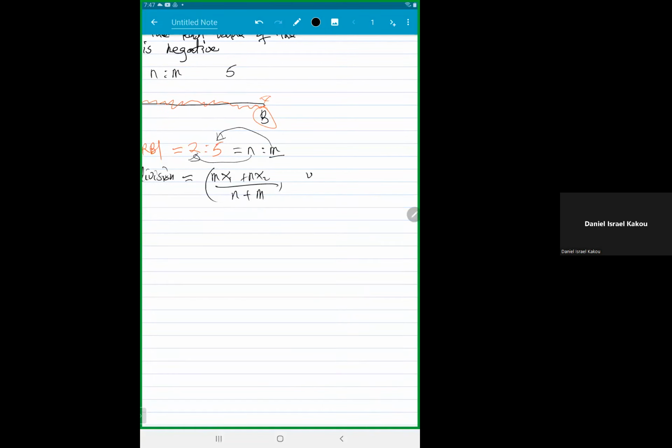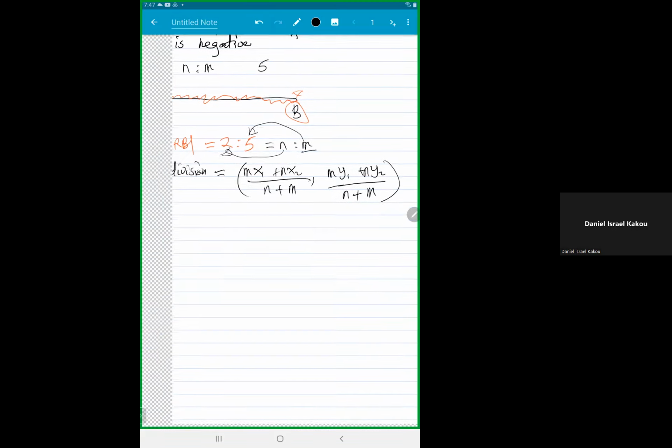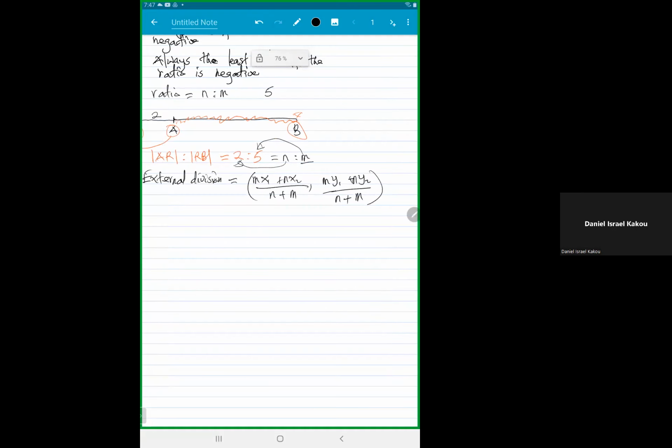So y1 plus y2, then the second ratio m takes this one, and the first takes the second ordinate, then I have n plus m this way, and I close it. So far, I'm trying to generate the external division formula, but the formula I've written so far is the internal division formula.